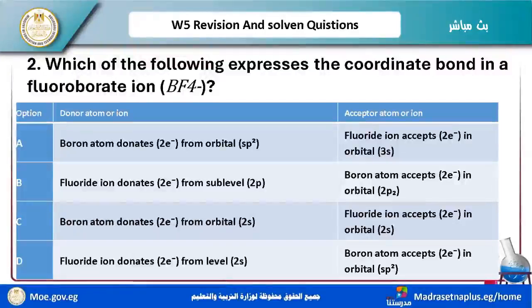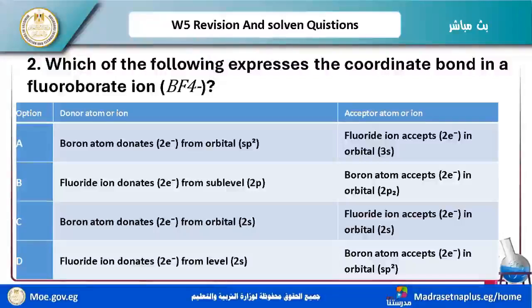Okay, you must choose firstly column by column. Fluoride ion donates 2 electrons from sublevel 2p. Boron atom donates 2 electrons from orbital 2s. Fluoride ion donates 2 electrons from level 2s.